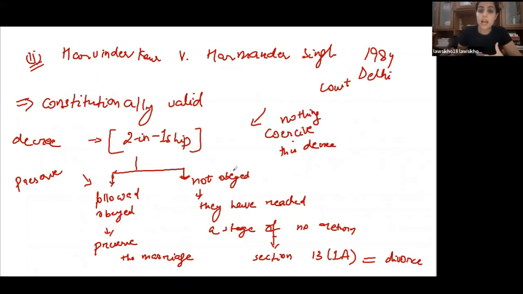The parties still have an option not to obey the decree. The proverb that I was using, that you can take the horse to the water, but you cannot make him drink, is applicable to this particular section, and this stance was taken by the Delhi High Court. Although there might be certain elements by which the court may require them to obey the decree, ultimately the autonomy lies with the parties, whether to continue the marriage or not.